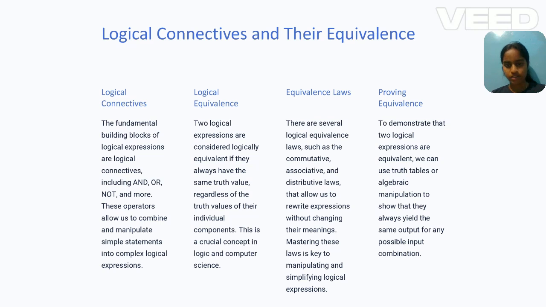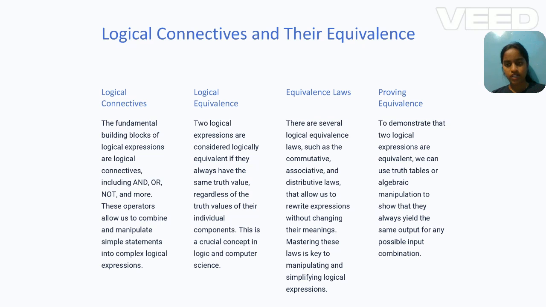Logical equivalence: two logical expressions are considered logically equivalent if they always have the same truth value regardless of the truth values of their individual components. This is a crucial concept in logic and computer science.